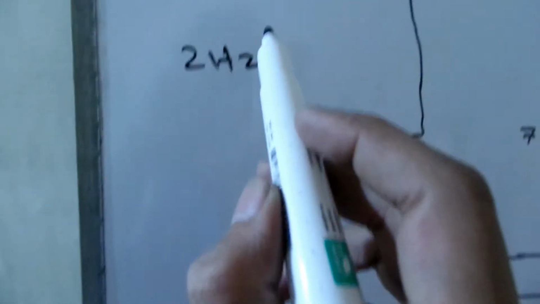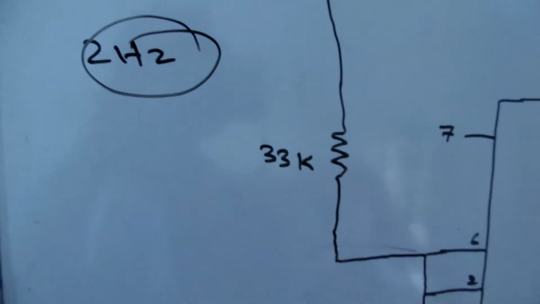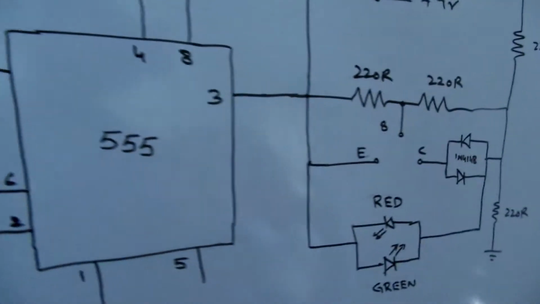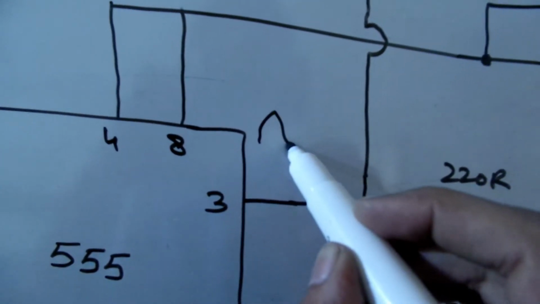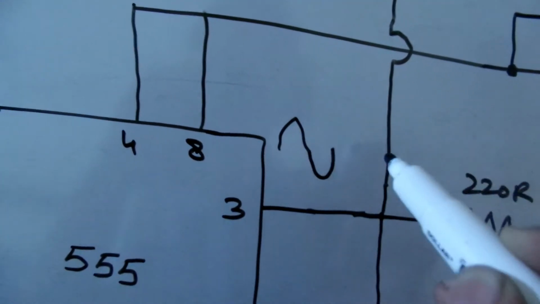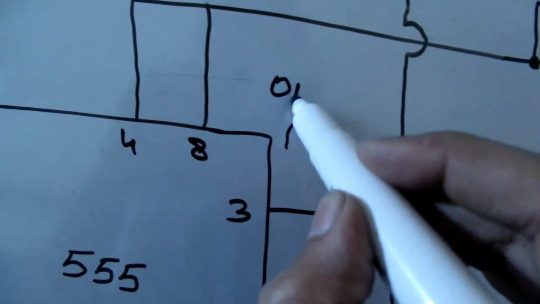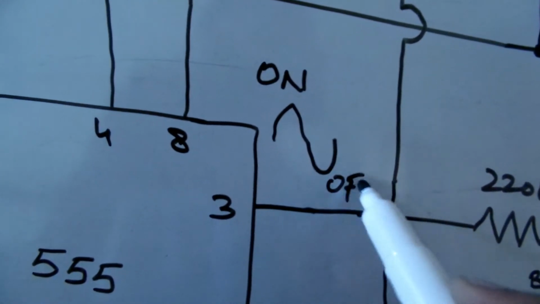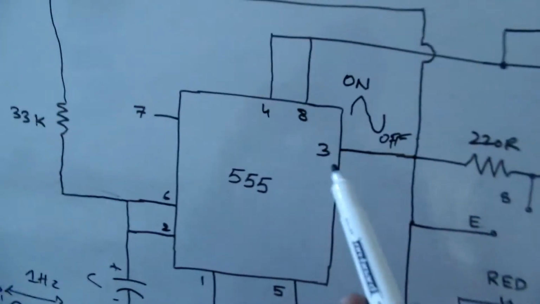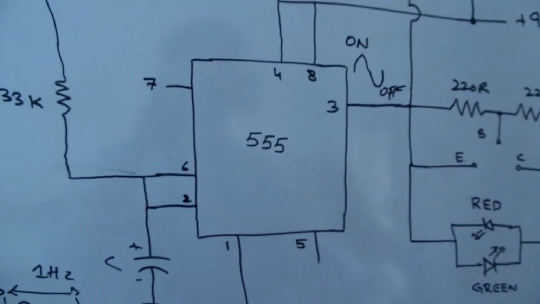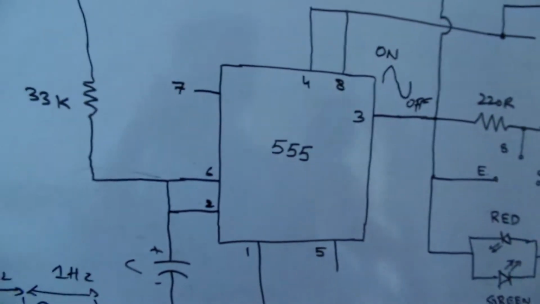So the 2 hertz is the frequency in 1 second. So it means we get 4 pulses: on, off, on and off. Okay, so similarly we already know about pin number 3 of the 555 timer, which is the output.